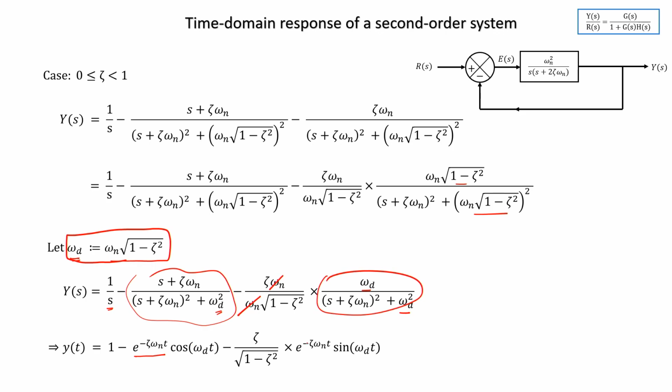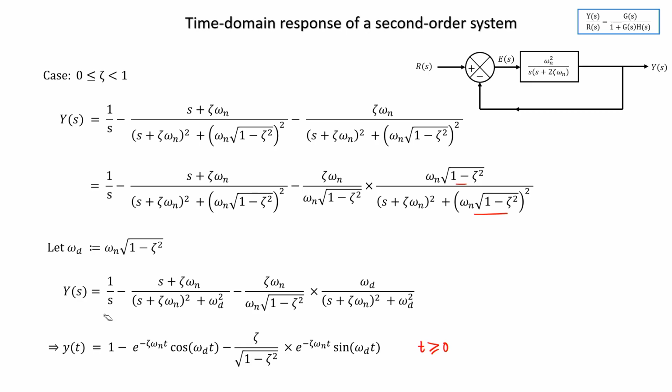Similarly, for this part it will be e to the power of minus zeta omega n t sin of omega d t, and the factor here is zeta by root over of 1 minus zeta square. All this is true for t greater than or equal to 0. I have not written u step because writing it all the time makes the expressions difficult to follow. Just remember that I am writing this expression for t greater than or equal to 0.